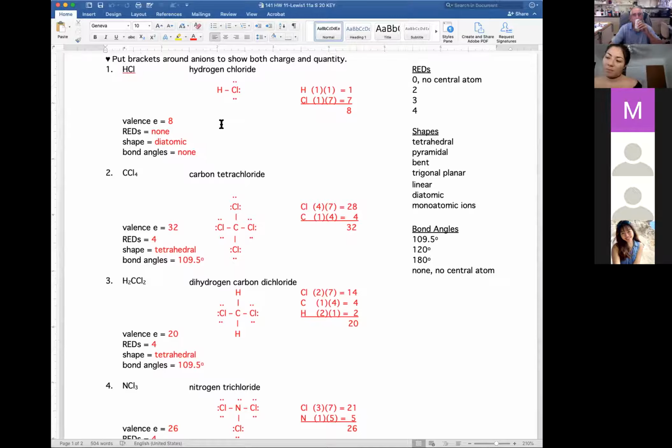You look up the difference in electronegativity, right? And if the difference was greater than 0.5 and less than, say, 1.7, then that would be a polar covalent bond. So that is a polar covalent bond. And is it a symmetrical molecule? No. So therefore, it's a polar molecule.